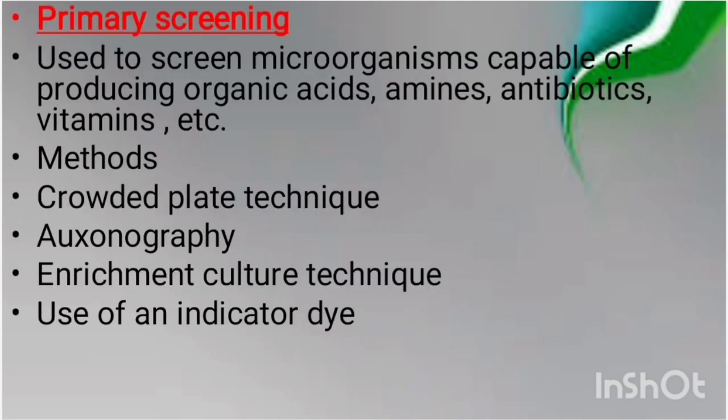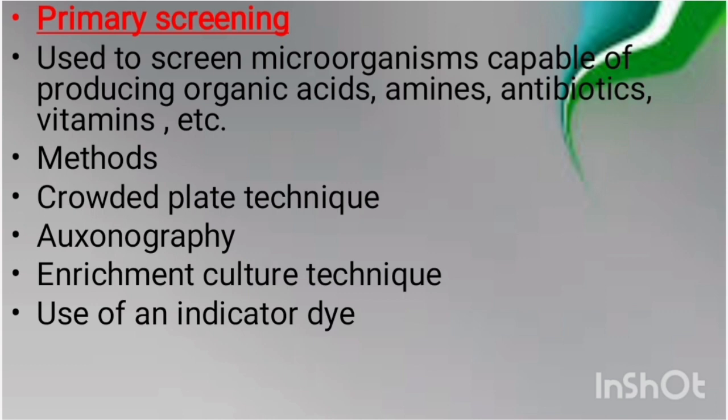First screening method is primary screening. Primary screening consists of some tests required to detect and to isolate a new microbial species that exhibits the desired property.